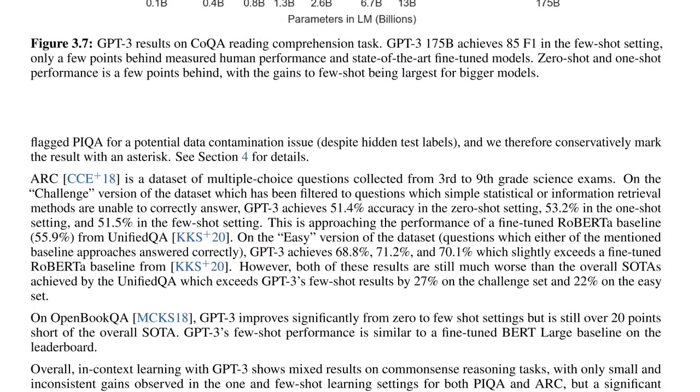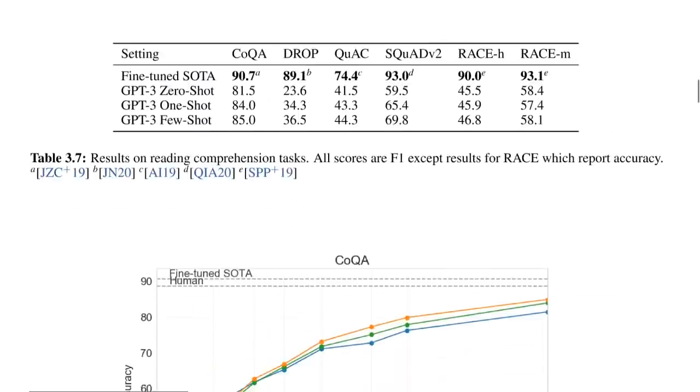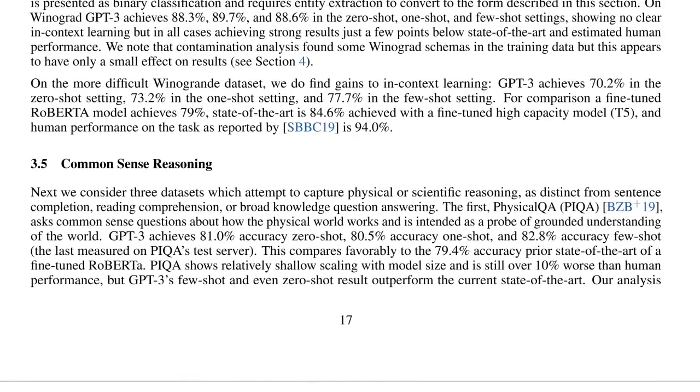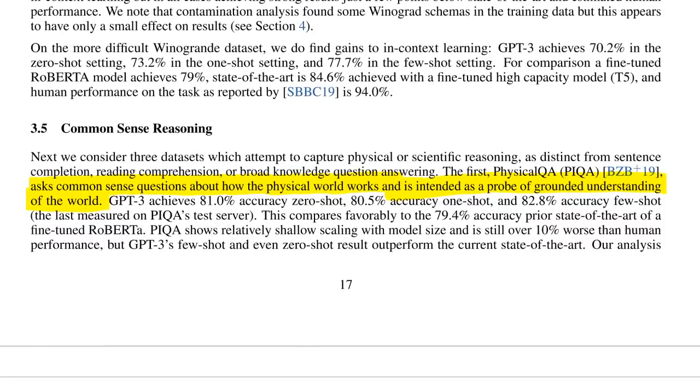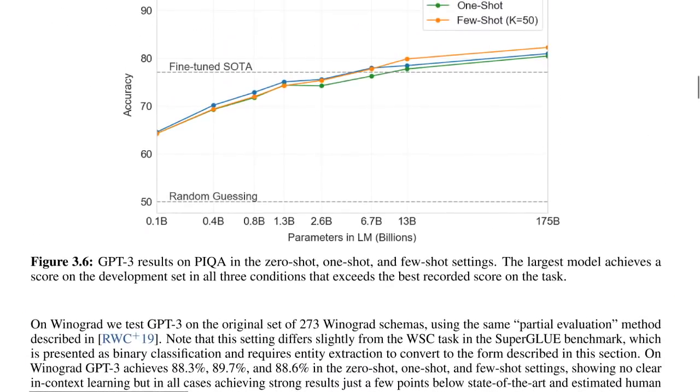These are like science questions, multiple choice questions collected from 3rd to 9th grade exams. And physical QA asks common sense questions about how the physical world works, and is intended as a probe of grounded understanding of the world. So as I understand it, it has questions like, if I drop a ball, will it fall on the ground, or where will it fall, or something like this.